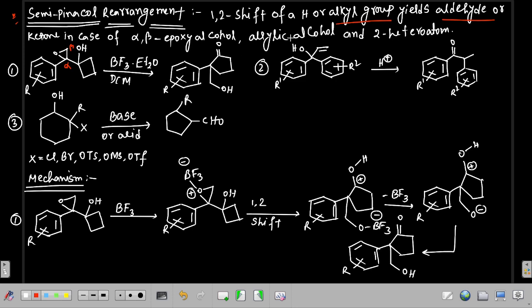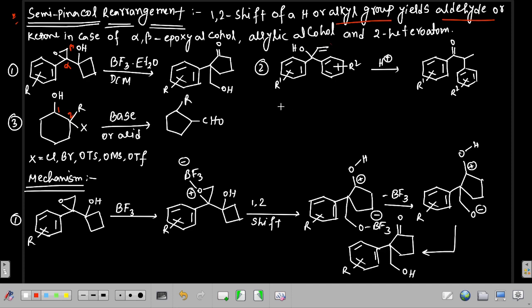Okay, and allylic alcohol, this is allylic alcohol, and there will be a heteroatom present in the second position, like 2 position. In case of pinacol rearrangement, we are seeing there will be 2 hydroxyl groups.